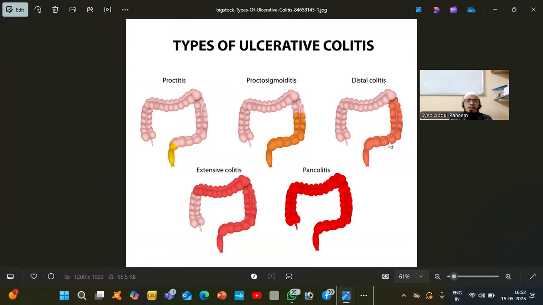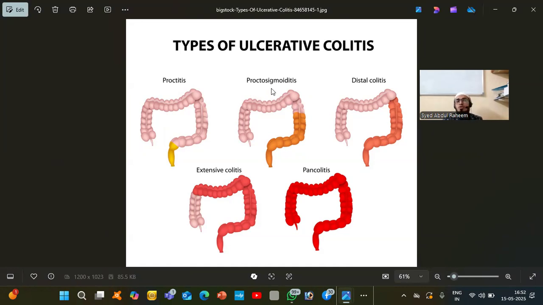If only the rectum or anus is infected, we'll call it proctitis. If it is beneath 30%, it involves the ascending, transverse or descending colon.